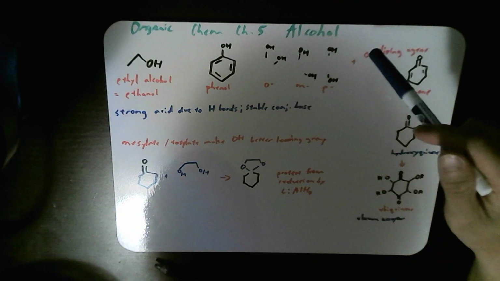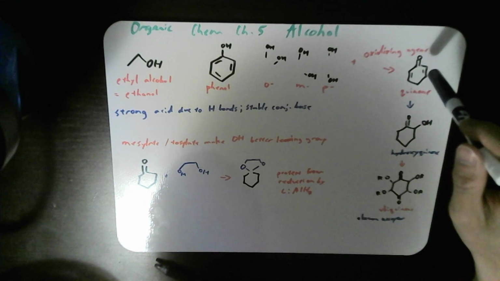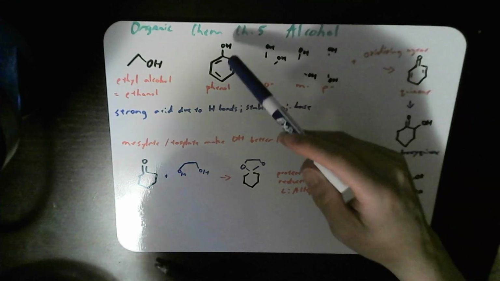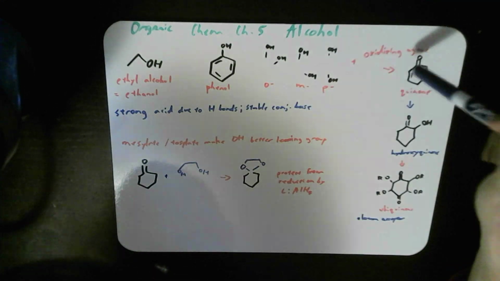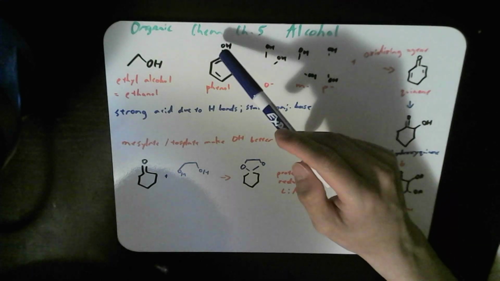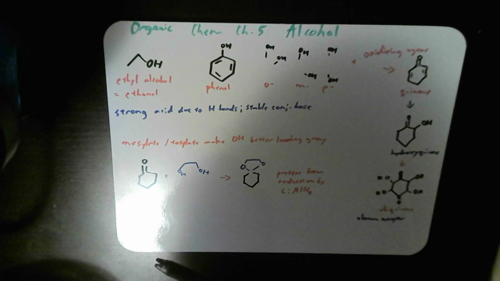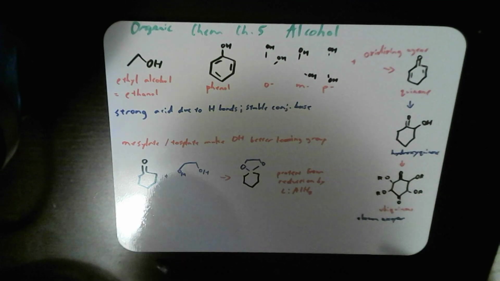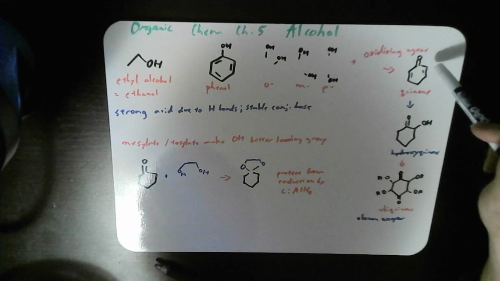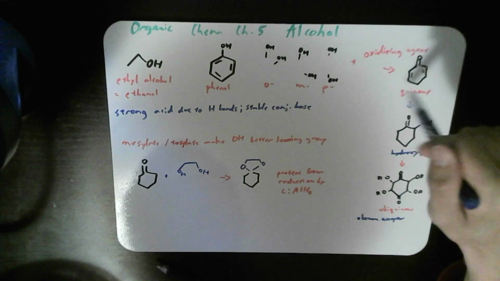Now, what's happening here? Well, if you add an oxidizing agent to a phenol, you're going to end up with a quinone, because remember, if we were to reduce it, you might go from carbonyl to just an alcohol, but if we were to oxidize it using something called PCC or any other compounds that we'll discuss later that have oxygen in them, that's going to oxidize it, meaning more bonds to oxygen, from one bond to two bonds to oxygen, now into a quinone.